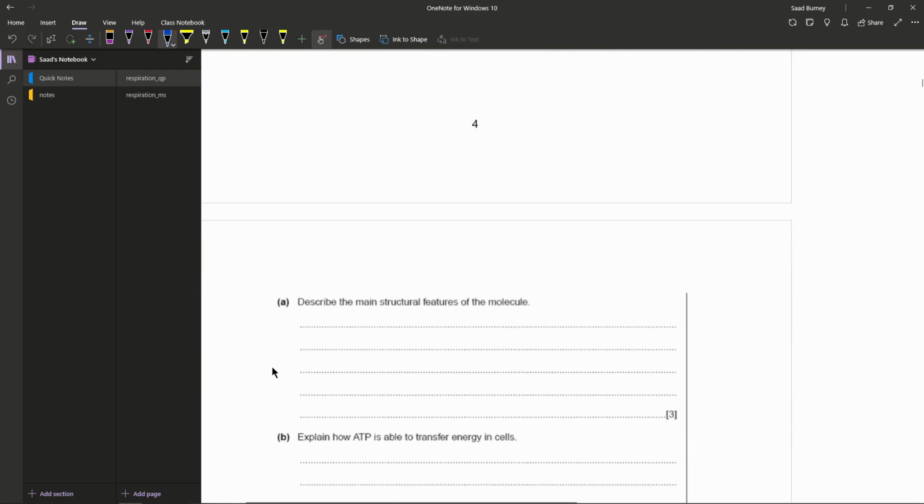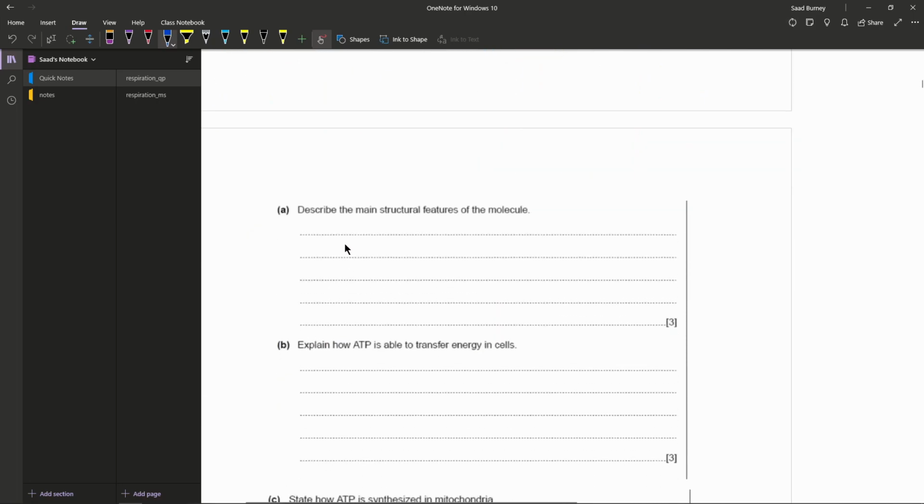So that's all we need to describe. So it has 3 phosphate groups. Okay, that's number 1.